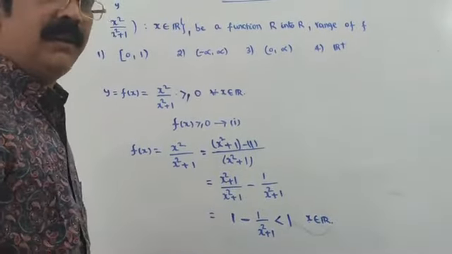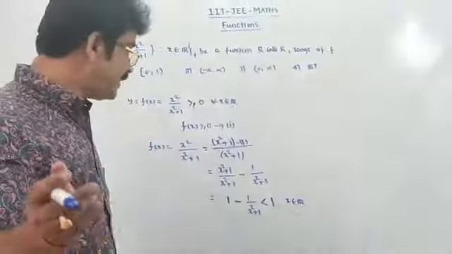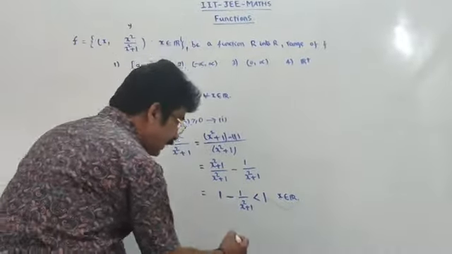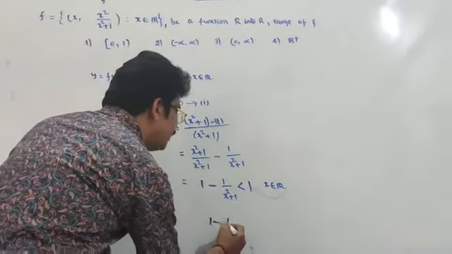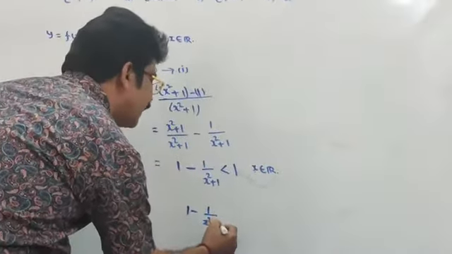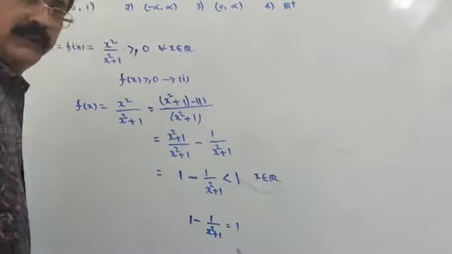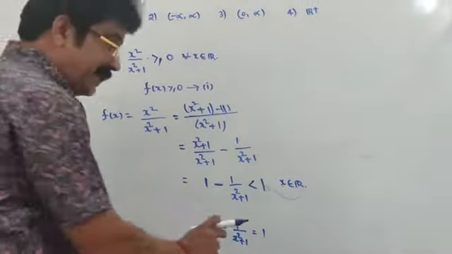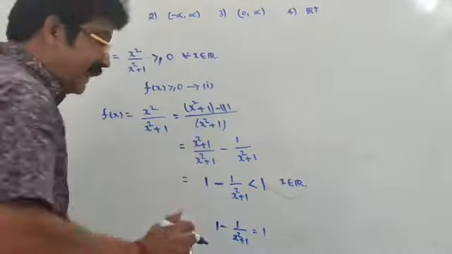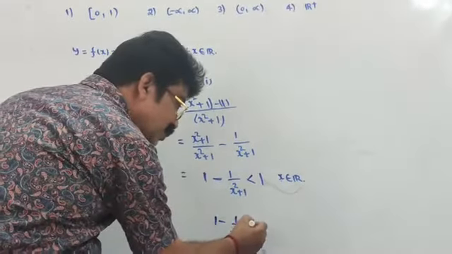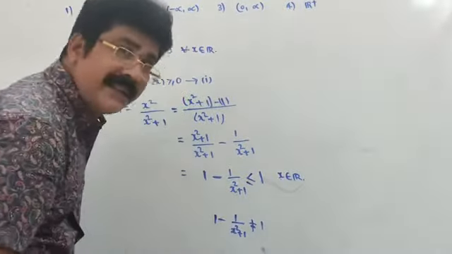Now you can raise another doubt: sir, why not 1 minus 1 by x square plus 1 equals 1? You can expect that case also. I am telling that it should not be equal to 1, that's why we are not writing like that.